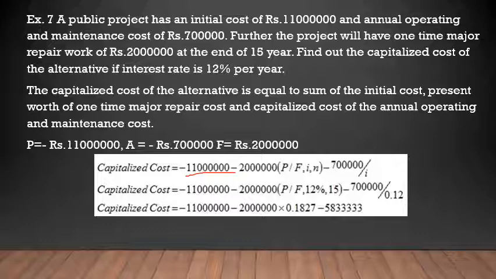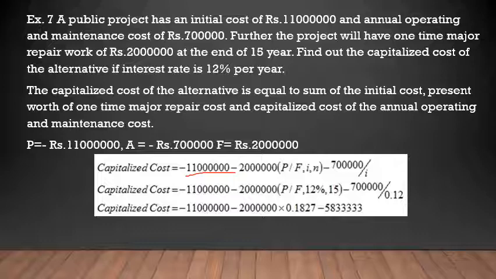That is the meaning of that. Capitalized cost means, see, I have some amount given to me. From that, if I keep something for the initial purchase, something for the annual maintenance, something for the overhauling later, how much money will remain with me? That is the capitalized cost.